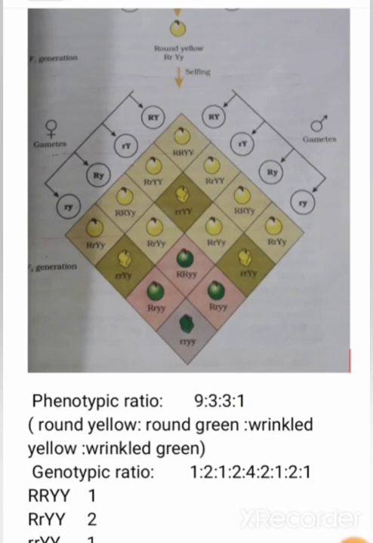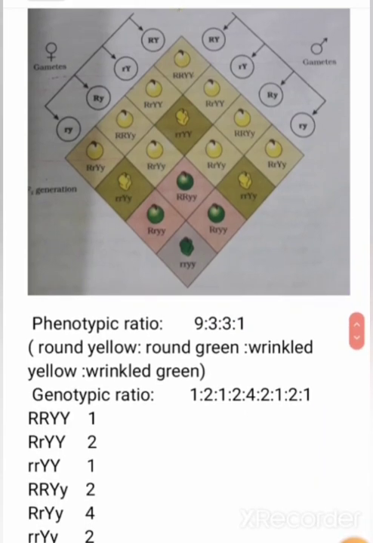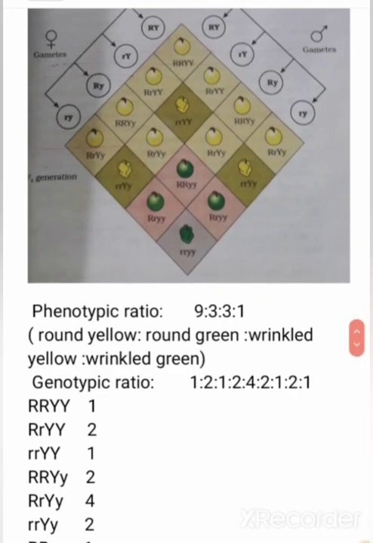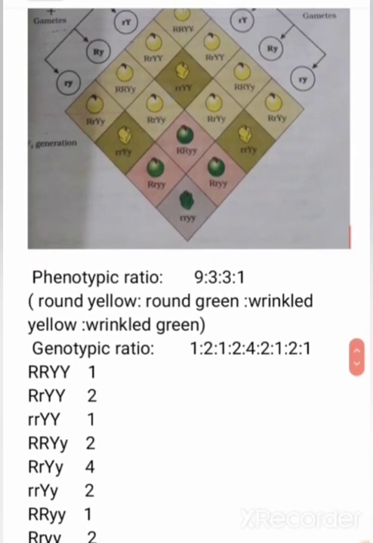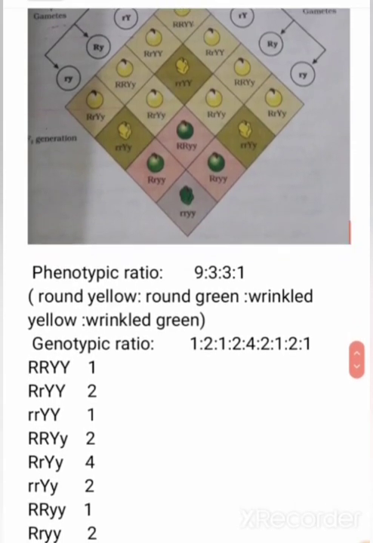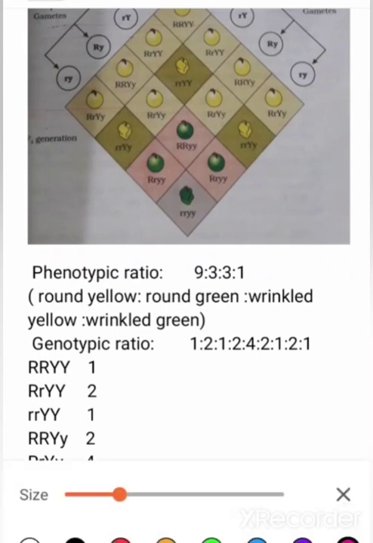This 1 represents capital R, capital R, capital Y, capital Y. Then capital R, capital R, capital Y, small y, 1. Then 2 represents capital R, small r, capital Y, capital Y. Then small r, capital Y, capital Y, only 1.